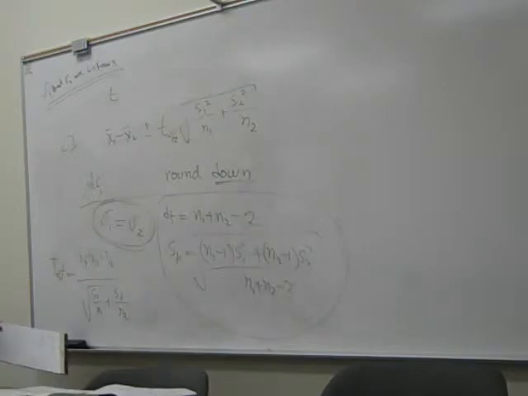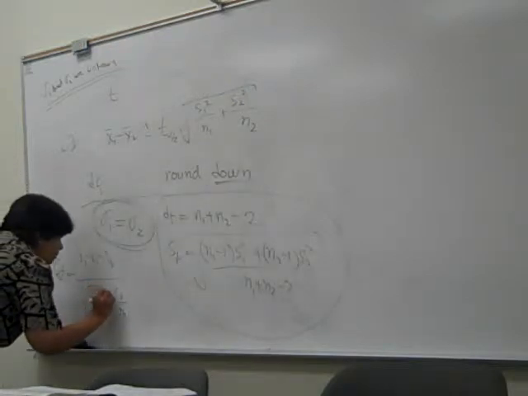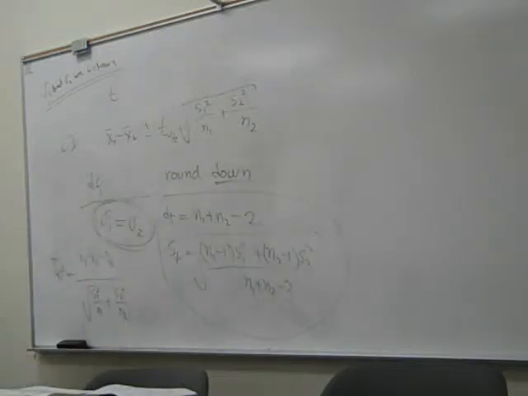Is it squared? It's squared. Sorry about that. S1 squared divided by n1 plus S2 squared divided by n2. That is the test statistic that you are going to use in order to compare with the critical values depending on the degrees of freedom and so on. Okay, that's it.